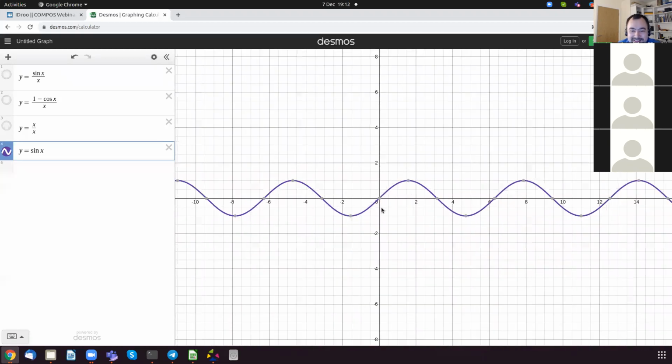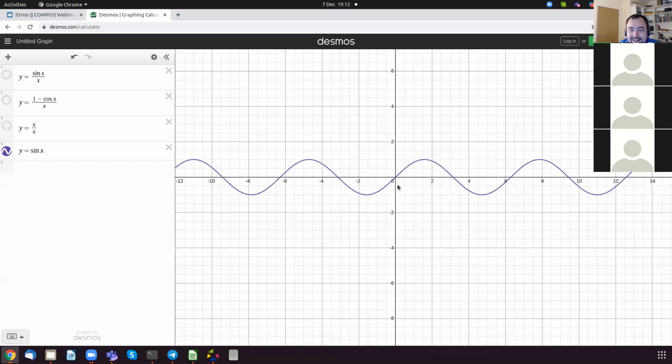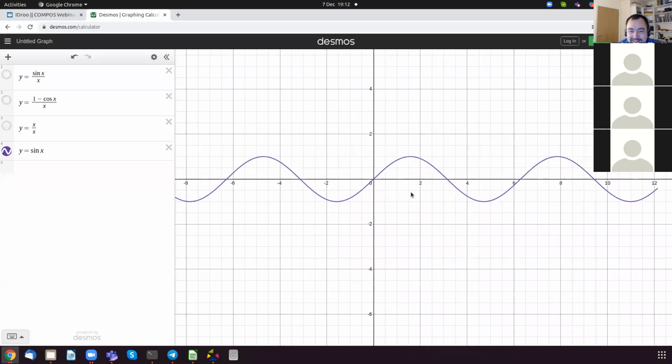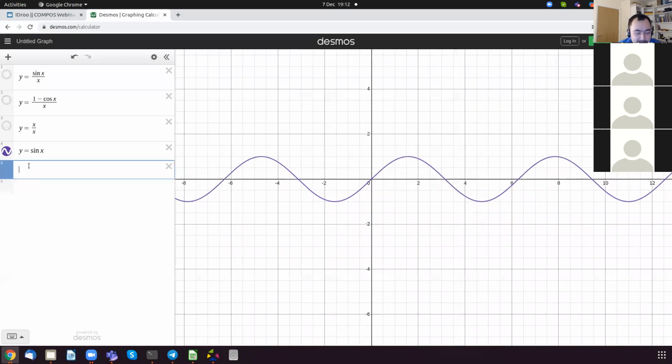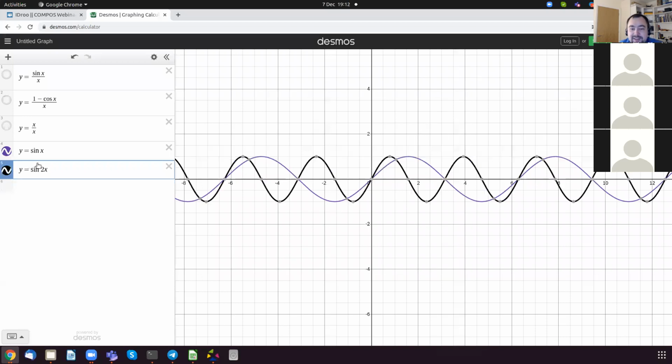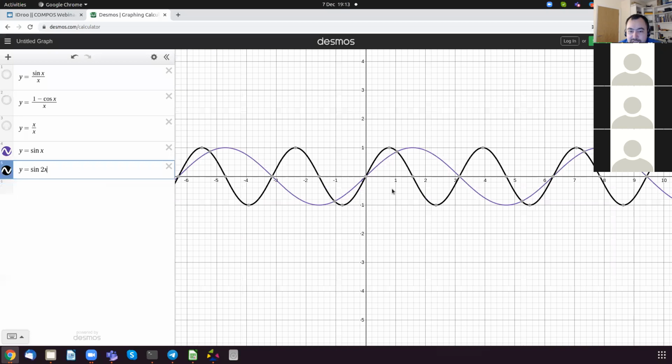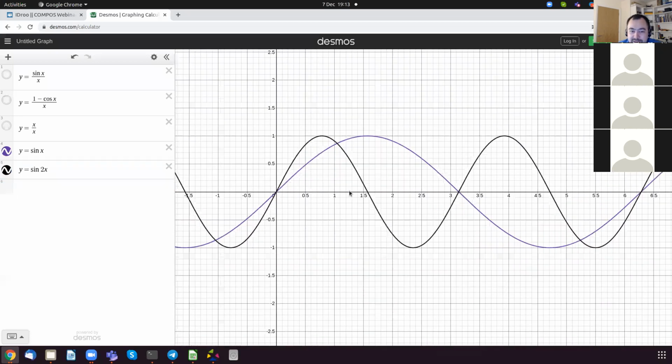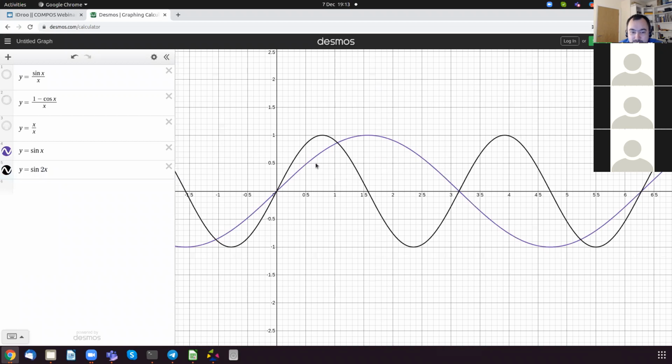And you can see that if you draw y equals sine 2x, it's a squeezed version of the graph. And as the graph gets squeezed, the gradient doubles. If you double the argument, the gradient doubles because the graph is squashed.